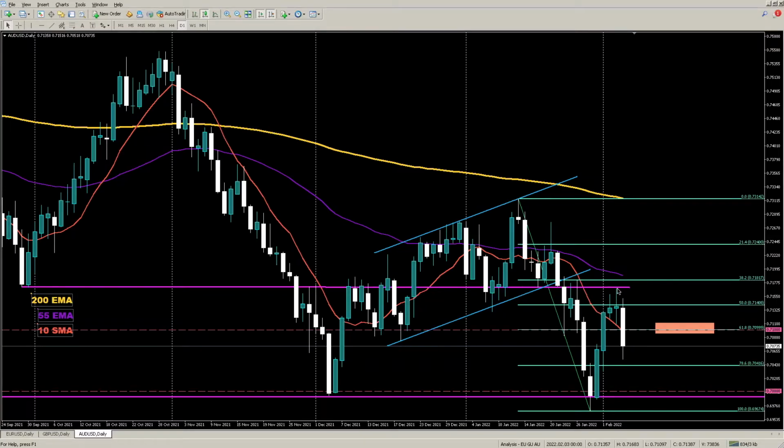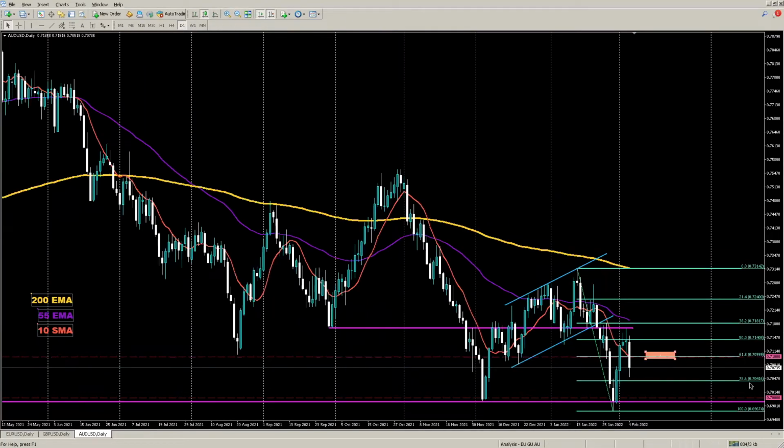It spiked through, with a spinning top on the Thursday before turning back down on Friday with the non-farm payroll data. So this is still going to be a resistance zone at the round figure of 71.00.